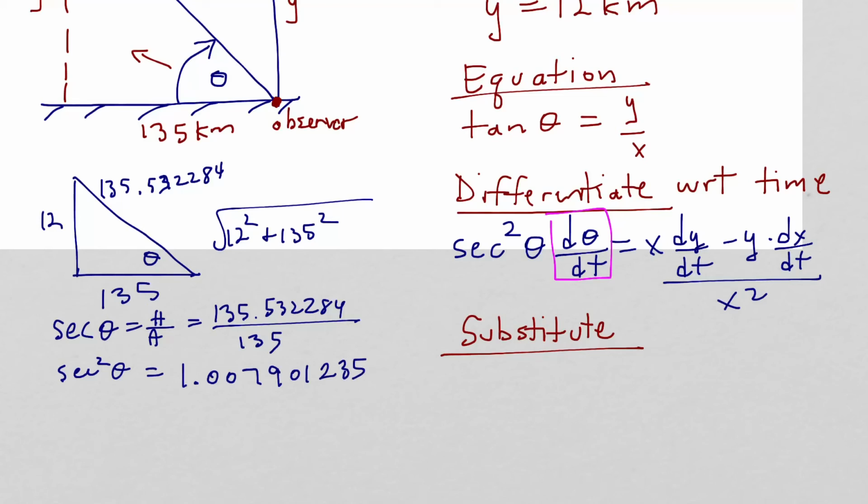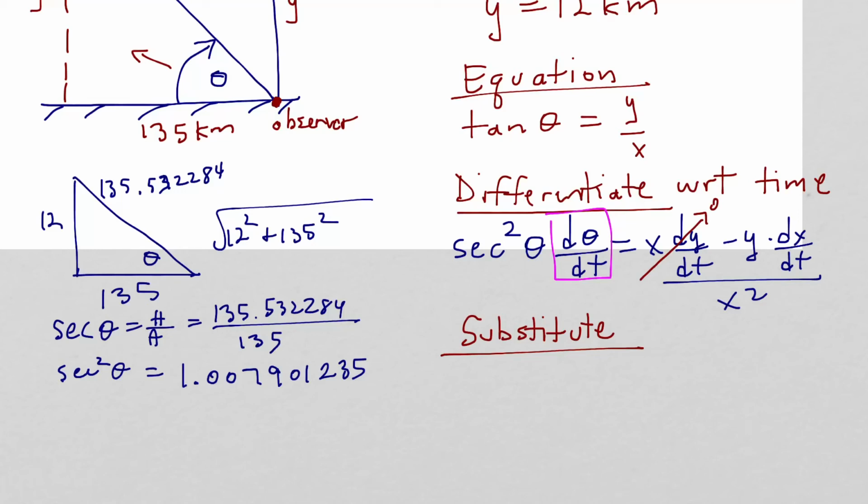Okay, so now substituting into my equation, let's see what we can do before substituting that secant squared number in there. We know that dy/dt, the change in y with respect to time, well, if y is always constant, then the change in a constant with respect to time is 0. This term is just 0.